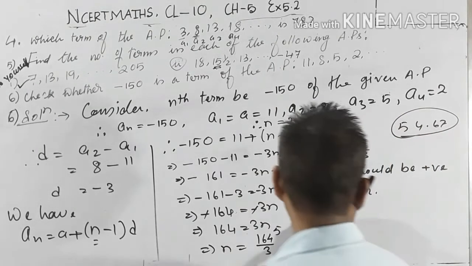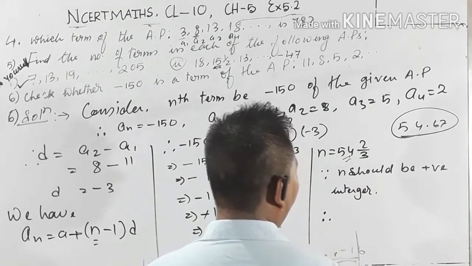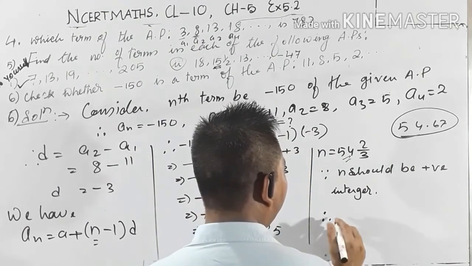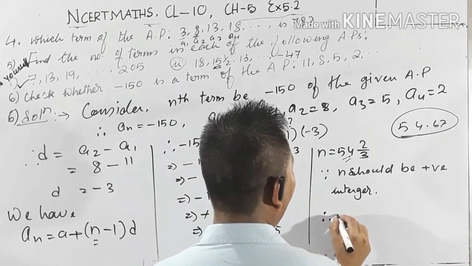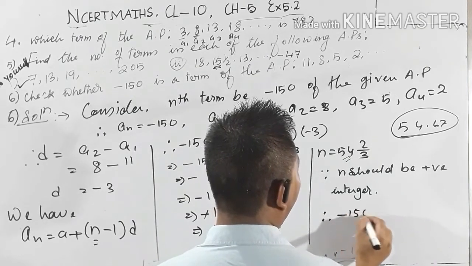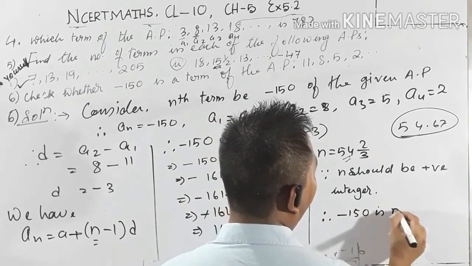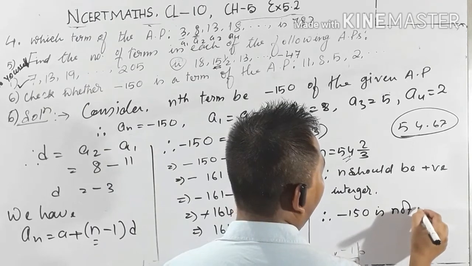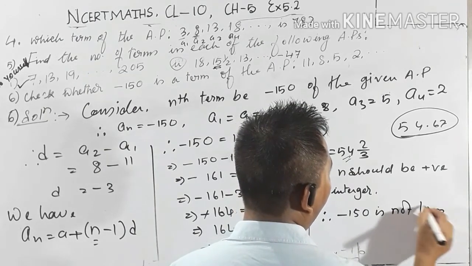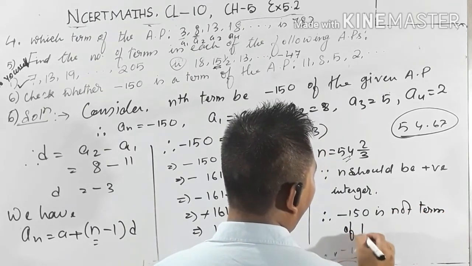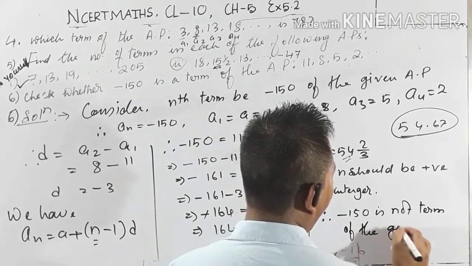Therefore, minus 150 is not a term of the given AP.